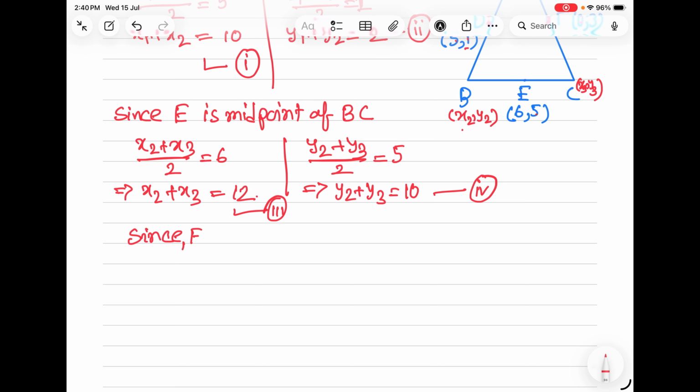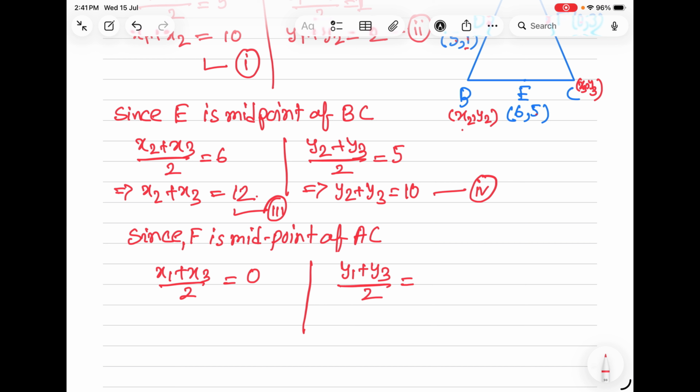Therefore x1 plus x3 equals 2 into 0, which is 0, and y1 plus y3 equals 3 into 2, which is 6. This is equation number 5 and equation number 6.